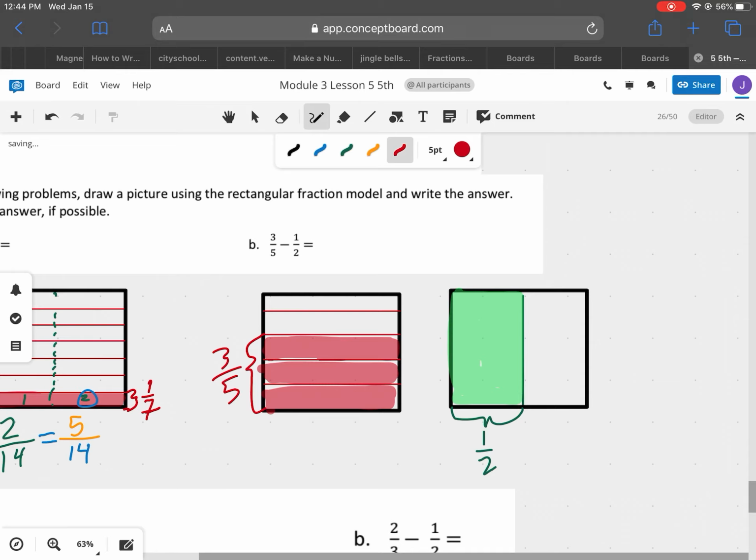So you can hopefully see that this is represented by the red, and the green is the second one. Alright, so now we're going to half this red one, and that's going to give me 6/10. So we have 6/10.